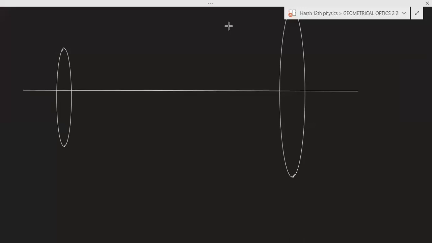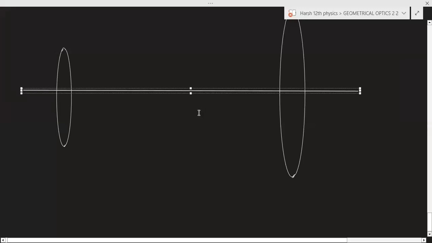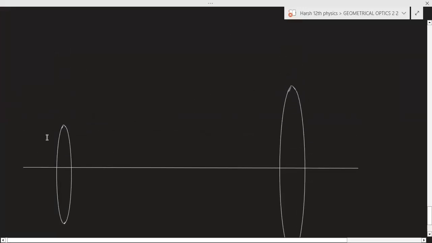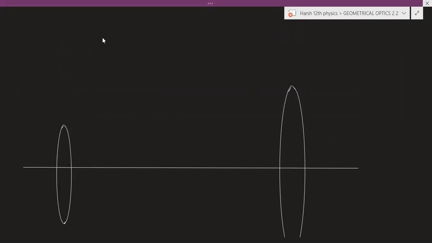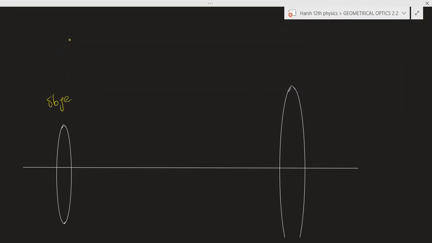This is the principal axis. Now, this is the objective lens. This objective lens has a small focal length.